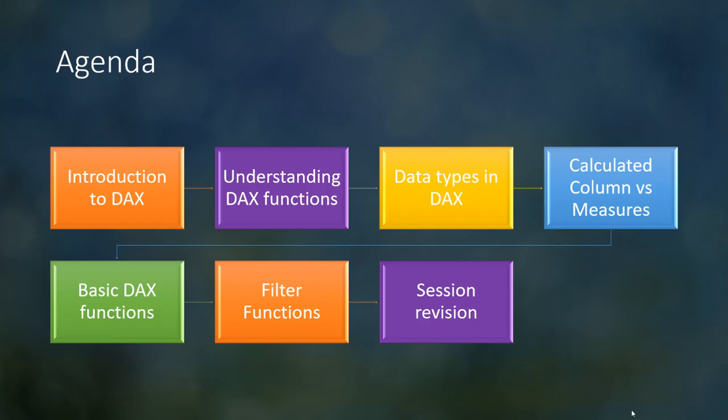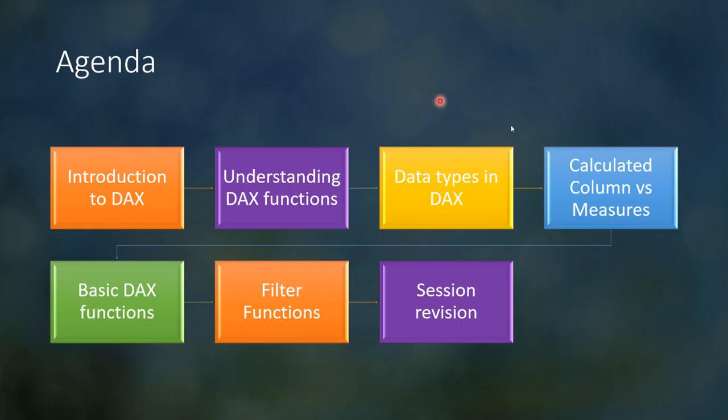So let us understand today's agenda. We will first start with what is DAX. We will understand the purpose of DAX, what its role is, and how it works in Excel and probably in SSAS. And then we will get to know how DAX functions work, what the basic features are, and what the components of a DAX function are.